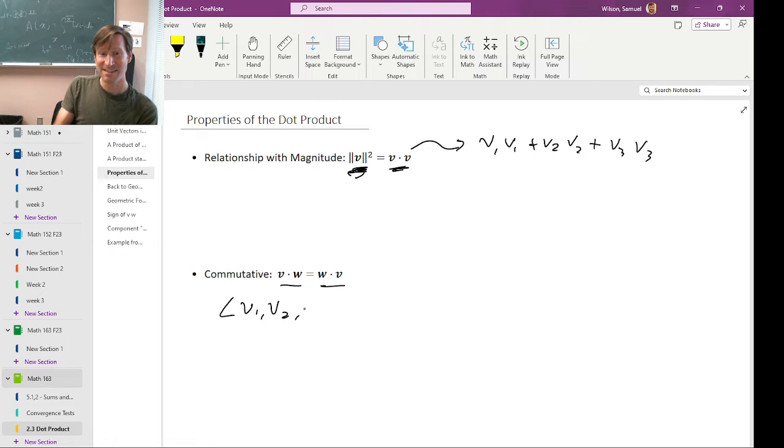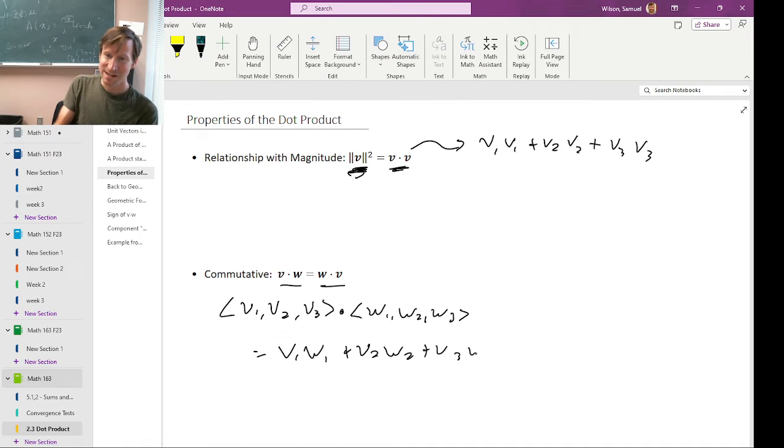On the left-hand side, if we work out v1, v2, v3 dot w1, w2, w3, what we get is v1 w1 plus v2 w2 plus v3 w3.